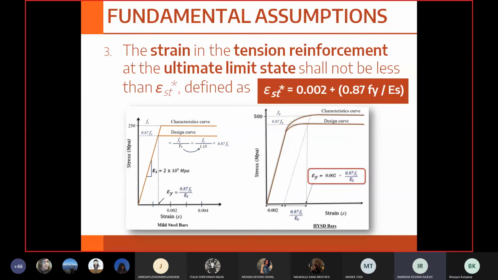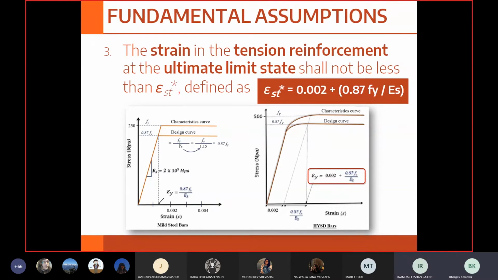That's what I'm asking. Okay, so let me put your question in a different way and you just tell me if it is correct. You're saying that this 0.002 plus 0.87 fy by Es is okay for high strength steel, and we understand because we have defined this as our yield strength. Yes. Okay, but why is this equation still valid for say mild steel?